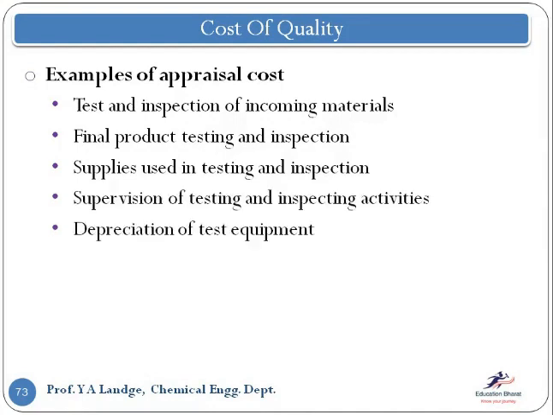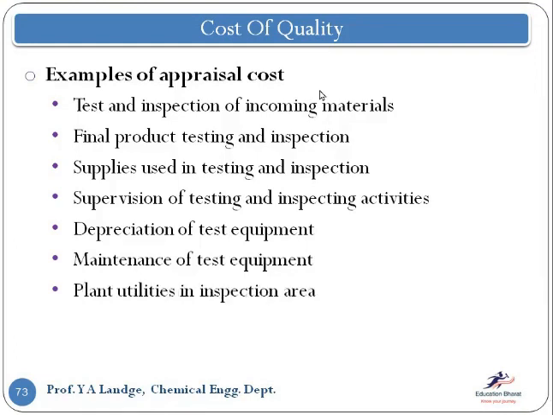So these are the certain components where we are spending the amount, and that we include in the appraisal cost, in the cost of quality. Depreciation of the test equipment is also there, because when we are using instruments or equipment, there is a depreciation value, and all this comes under the appraisal cost. Maintenance of the test equipment, plant utilities in the inspection area, field testing and appraisal at a customer site.